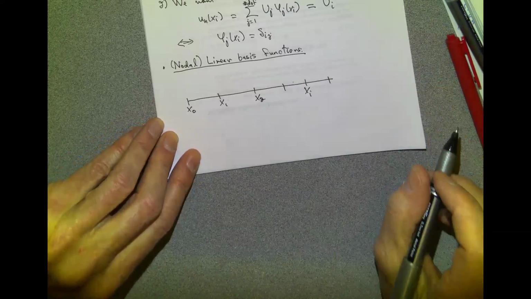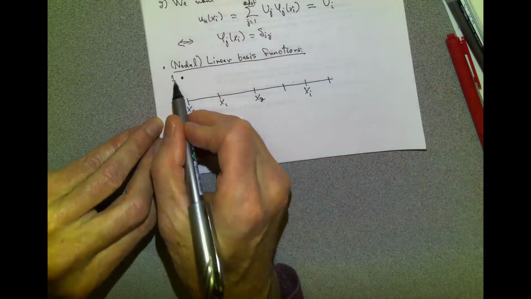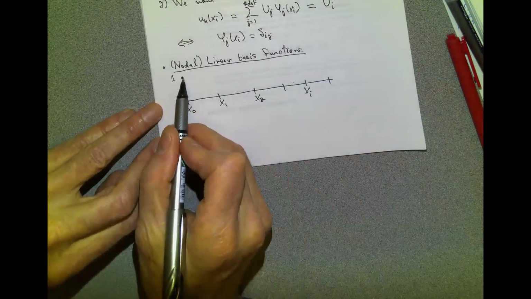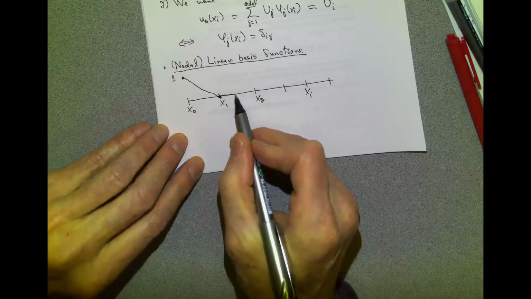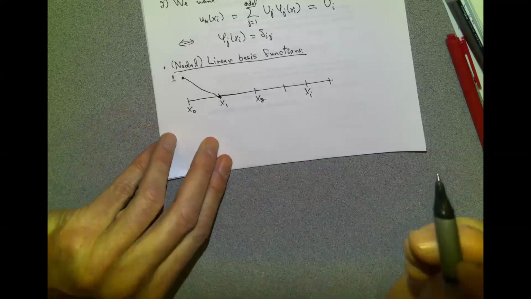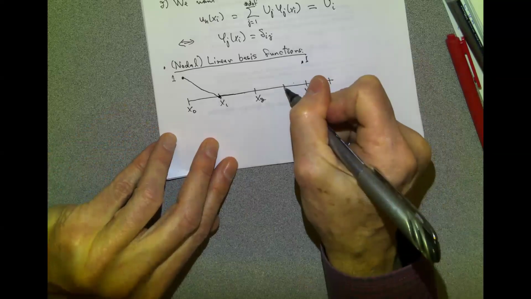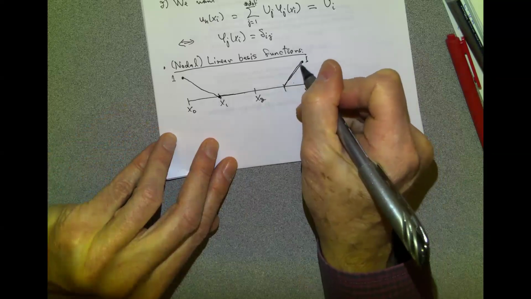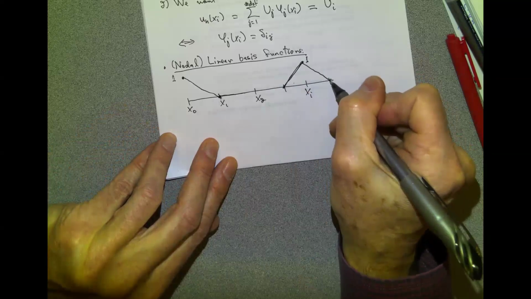And then what would be the basis function over here? I want a function that takes the value 1 over here and takes the value 0 over here, and 0 elsewhere. Similarly, for that node here, I have the value 1 here, and the function takes the value 0 at that point and 0 everywhere else.